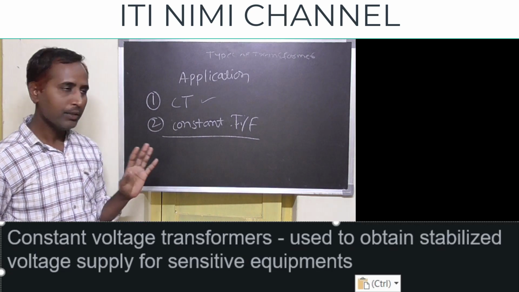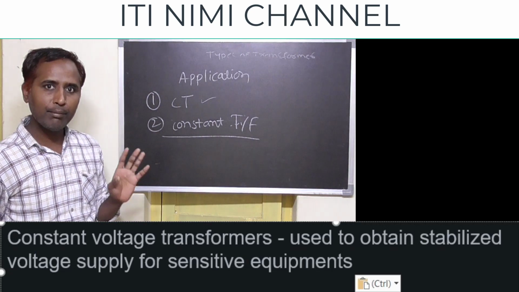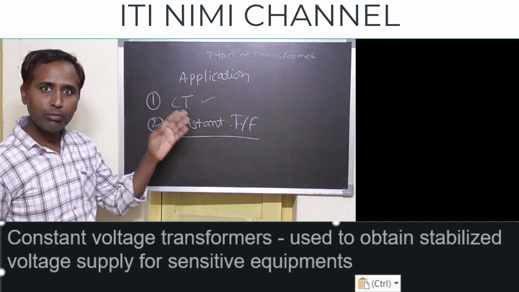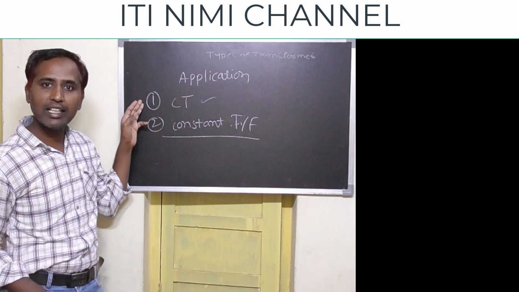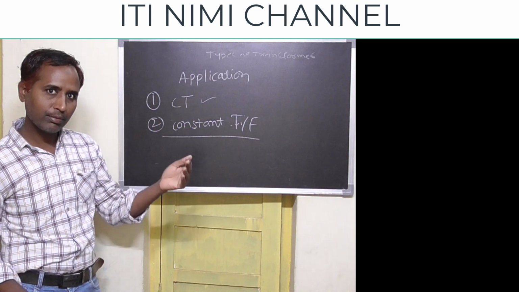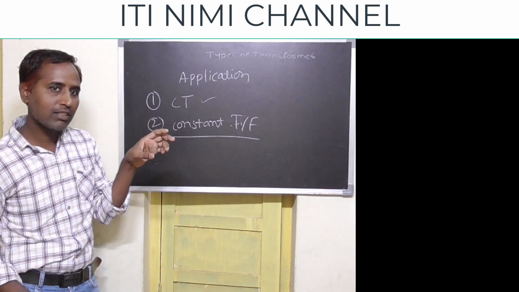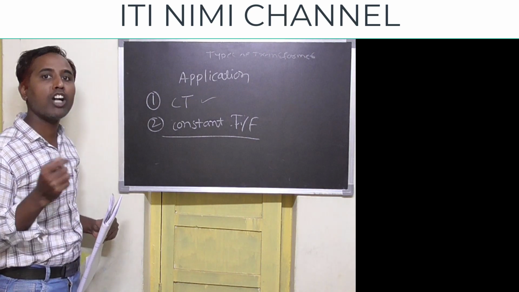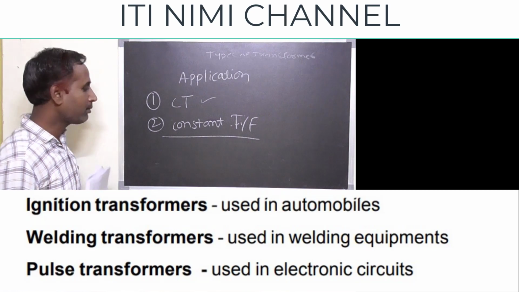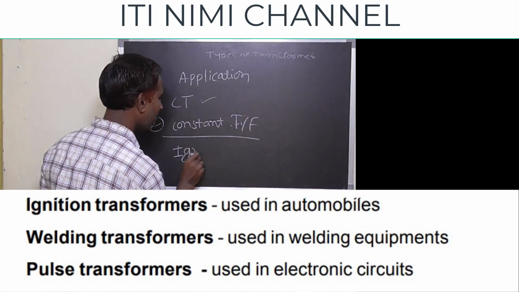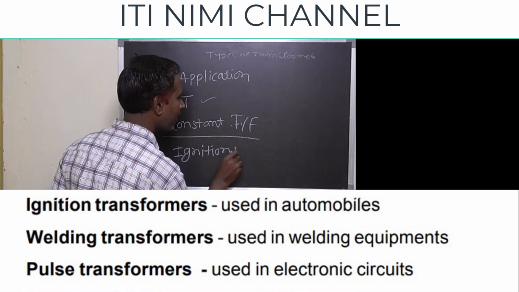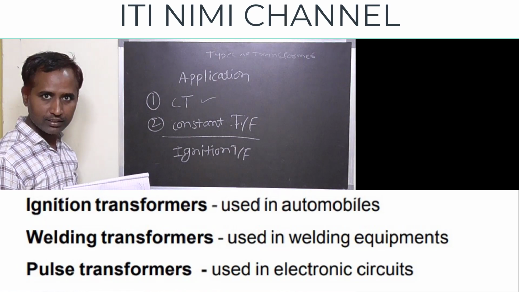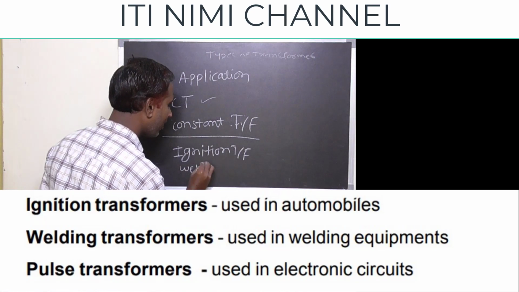So friends, keep in mind, we are dividing the transformer based on the application where transformers are used. Suppose I use the transformer to measure current, it is a current transformer. Suppose I use it for constant voltage, we say constant voltage transformer. In automobiles, we say ignition transformer. If used for welding purposes, we say welding transformer.